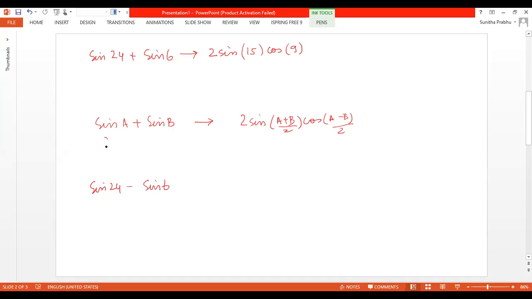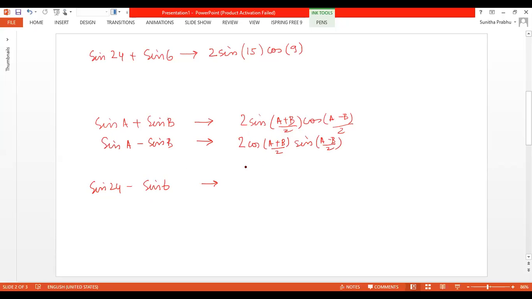That is, they have used the formula sine A minus sine B, which is 2 cos A plus B by 2 into sine A minus B by 2. So if you apply this for this, what will we get?